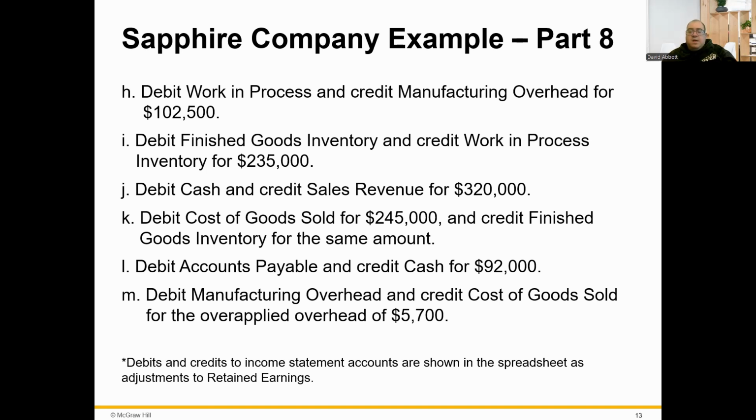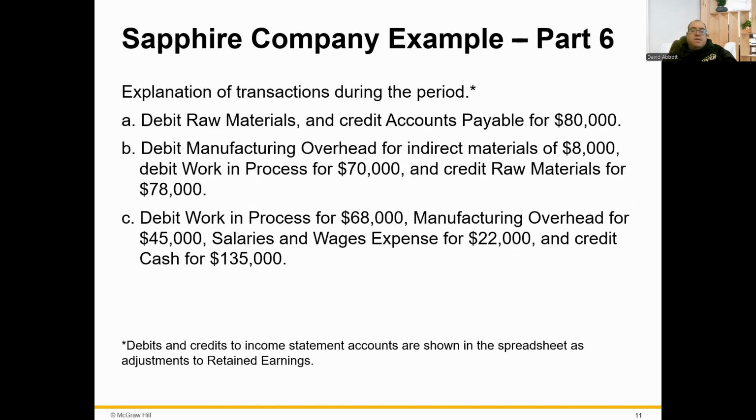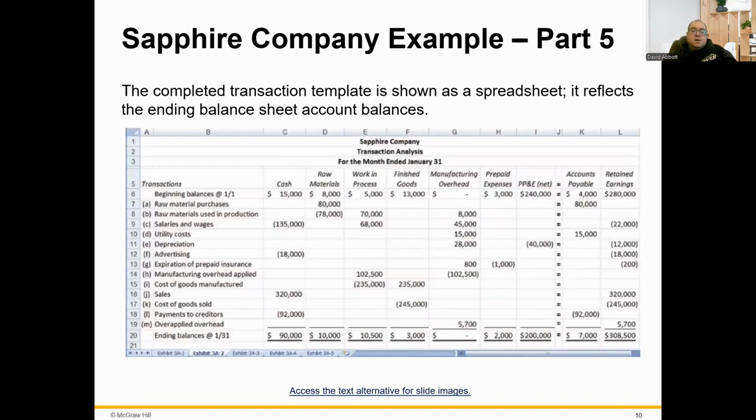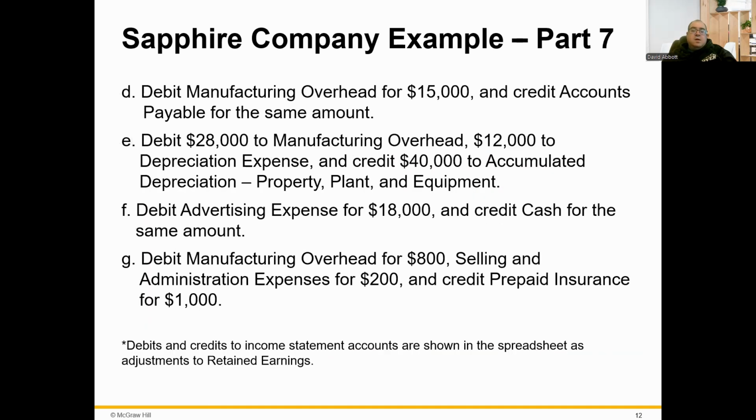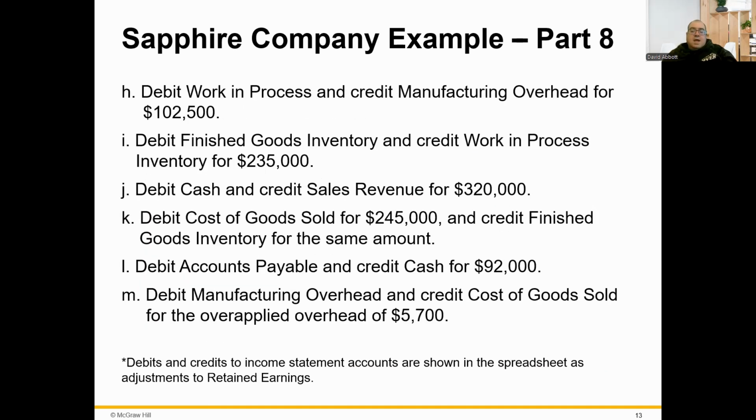That's for the bills that they paid out, which is L. Yeah, because they paid creditors. And then debit manufacturing overhead and credit cost of goods sold for the over applied overhead of 5,700.